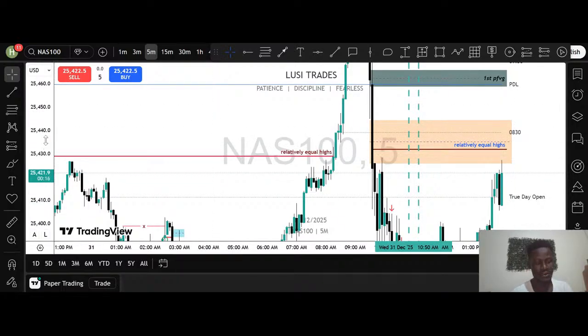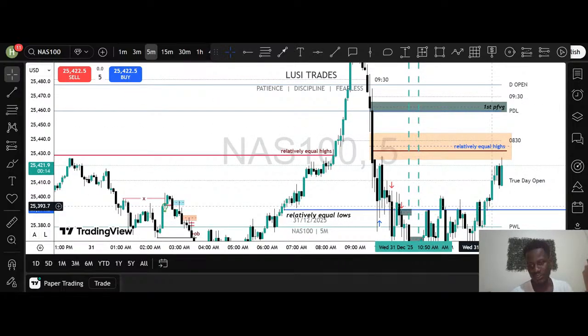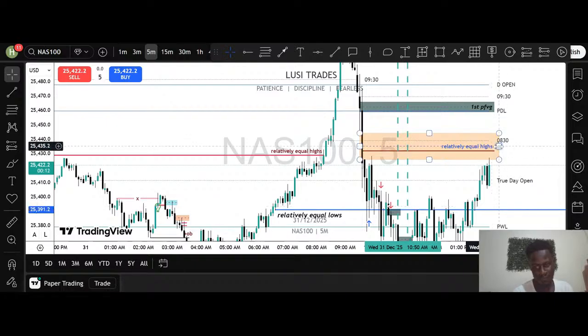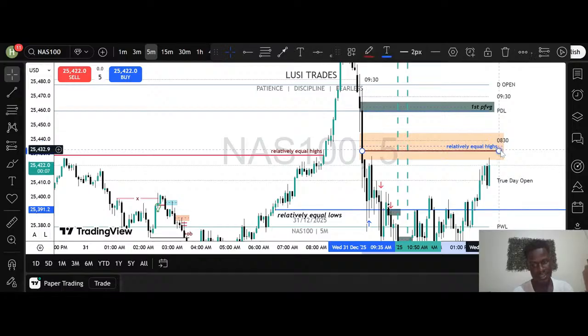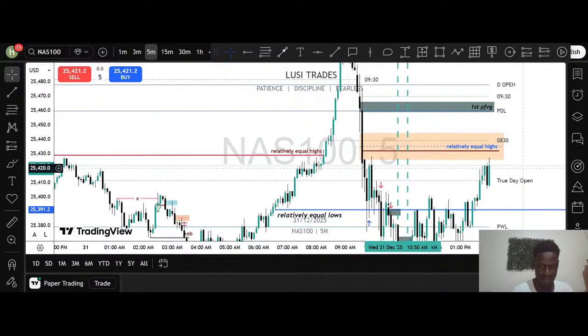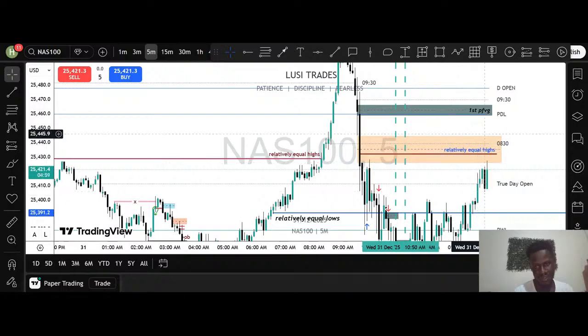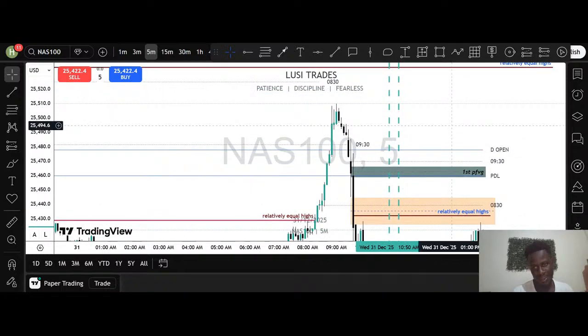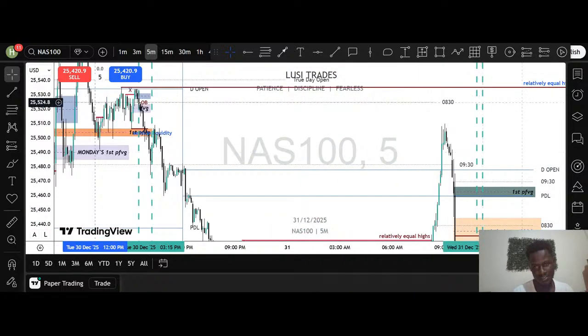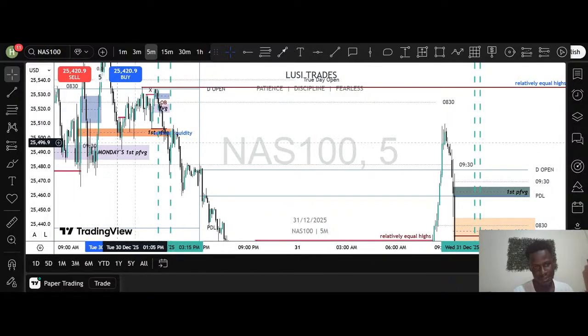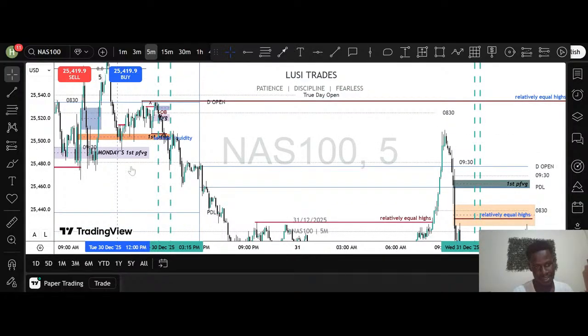What we now want to see is if any of these levels can hold price. If price can trade into these levels and find a setup going lower, or if indeed we want to trade higher, then trade above this and probably above this, then we want to be targeting these relatively equal highs, Tuesday's PM session relatively equal highs.